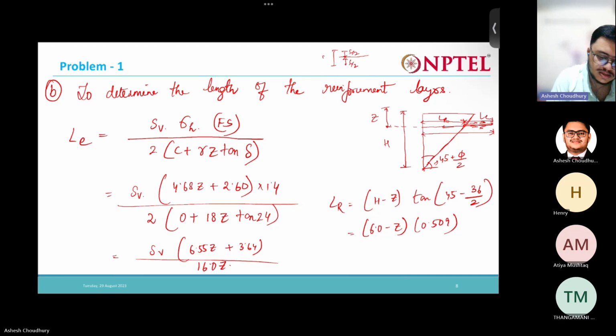So total is SV, and some earth pressure is varying like that. So it is lateral earth pressure times this SV.